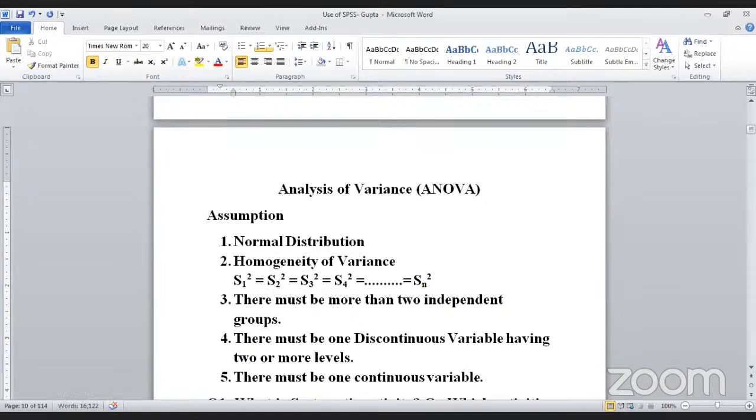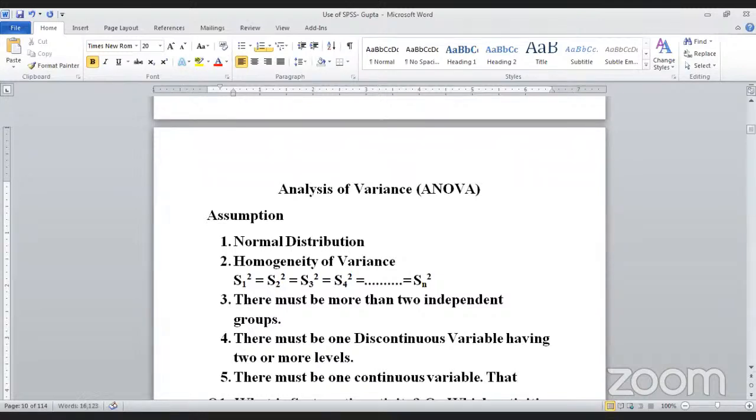And I need not tell you that a continuous variable means a variable having the data either on the interval scale or on the ratio scale.